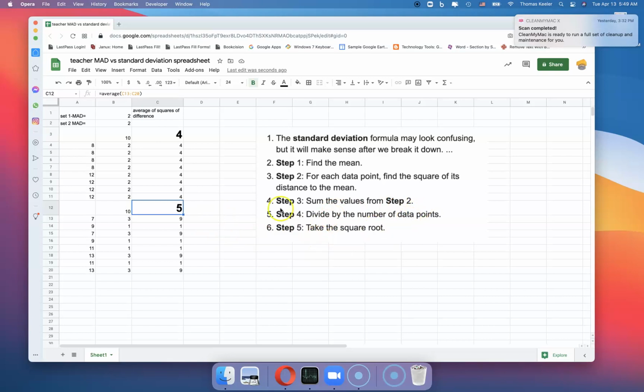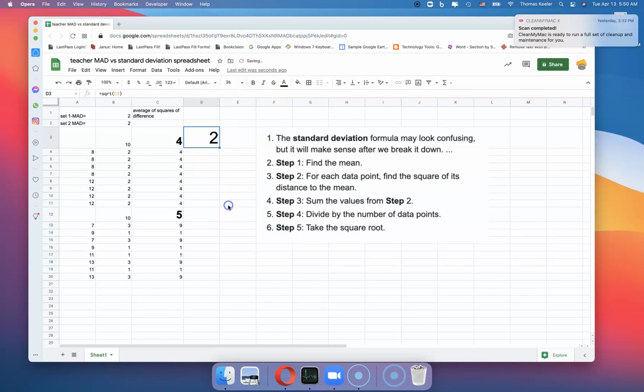Now we take the square root. So we say equals the square root of C3, which is 2. So we see that when all the values are the same, there's no difference between the mean absolute deviation of 2 and the standard deviation of 2.